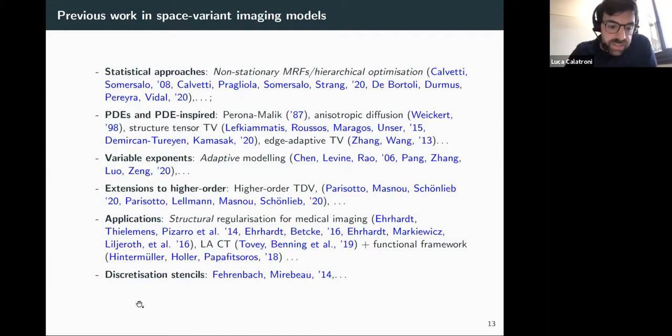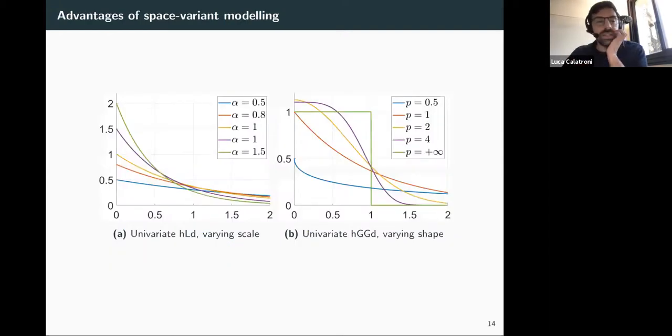And also, as far as the numerical discretization of this model is concerned, there is of course some work on how to discretize your gradient and diffusion operators in a way that is adaptive to your directional information and features at the point. So regarding some comments on the flexibility of this distribution, what I'm showing here is just a simple plot on why you should be convinced that these distributions are indeed more flexible.